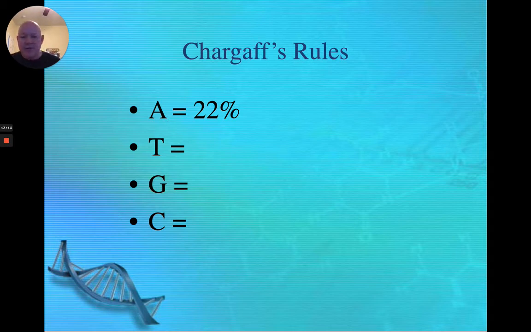The easiest way to do this is actually to subtract one of those numbers from 50, because you have 50% A and T and 50% G and C. So if you take 50 minus 22, you get 28. So that means G and C are both 28. So the answer to this is A is 22, T is 22, G is 28, and C is 28.